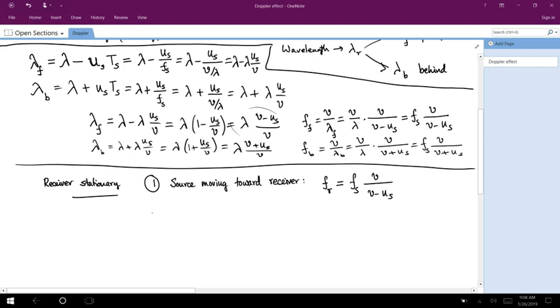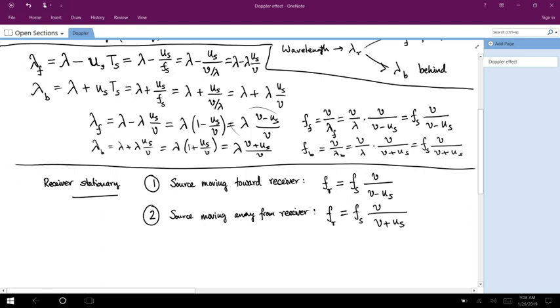And then number 2 is the situation where source is moving away, source moving away from receiver. So in that case, Fr, the received frequency, is equal to Fs multiplied by V divided by V plus Us, right?